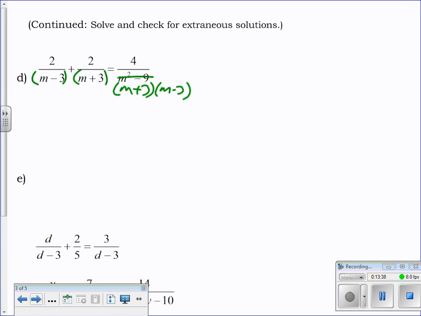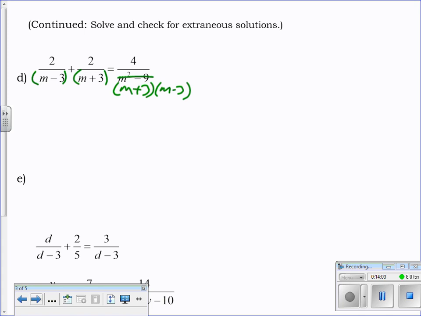So here I have an m minus 3, so I have to have an m minus 3. Here I have m plus 3, so my common denominator has to have an m plus 3. This one has an m plus 3 and an m minus 3. So my least common denominator is actually m plus 3 times m minus 3. So that's what I multiply times every term.